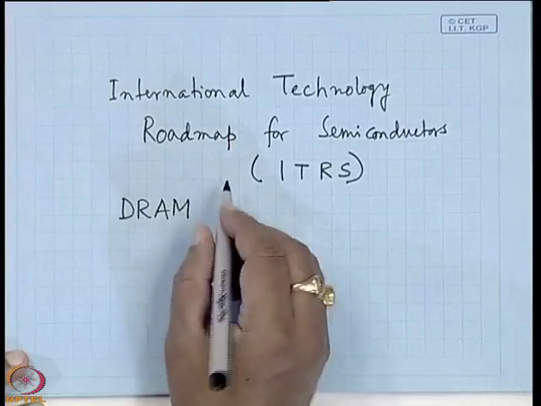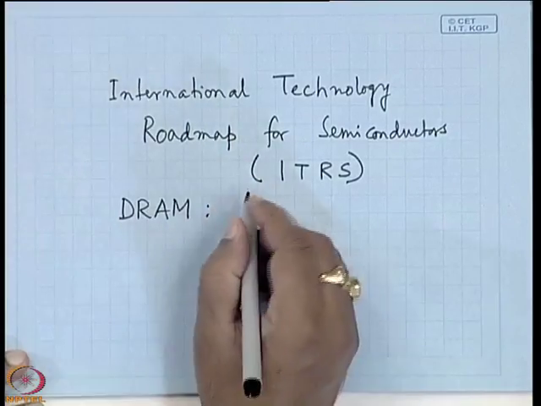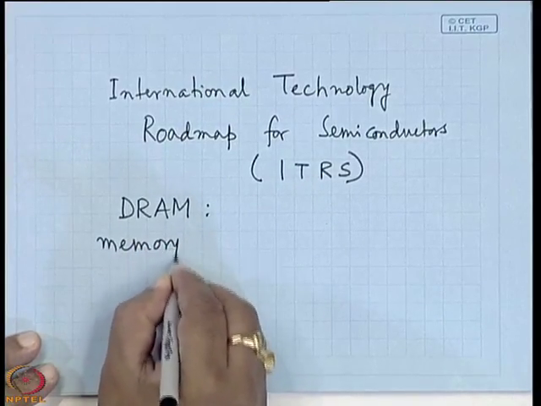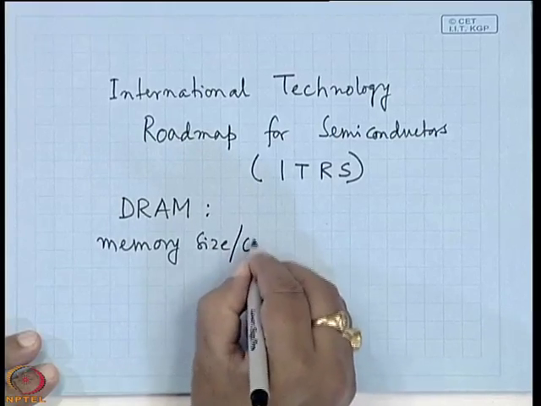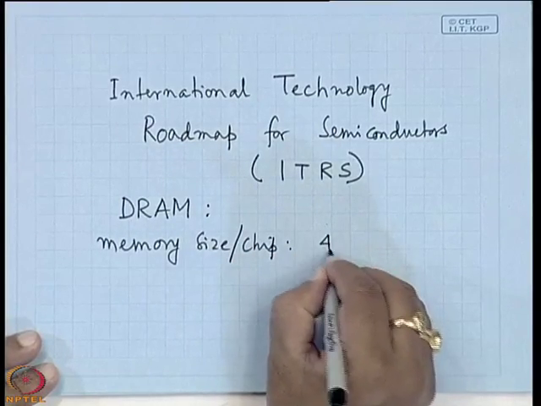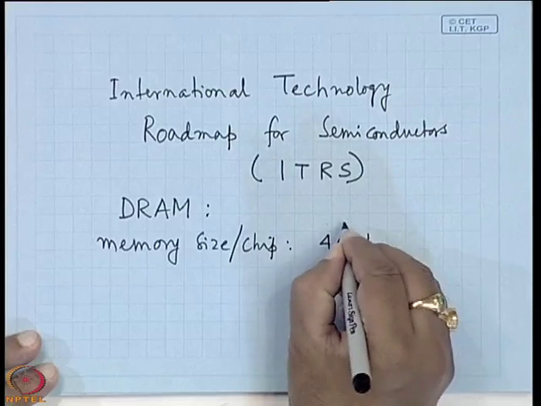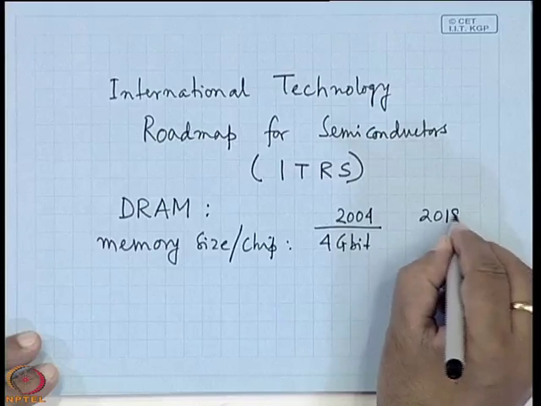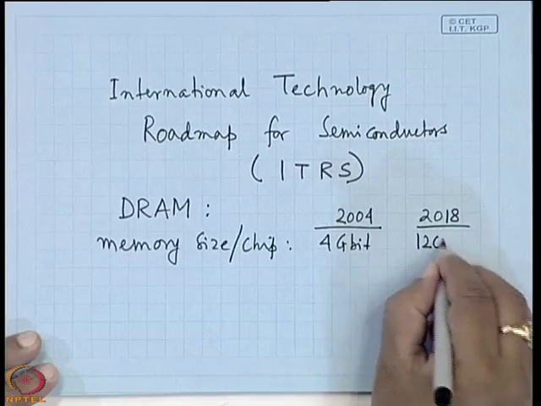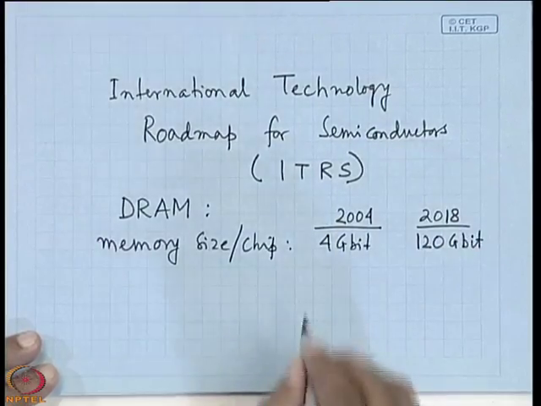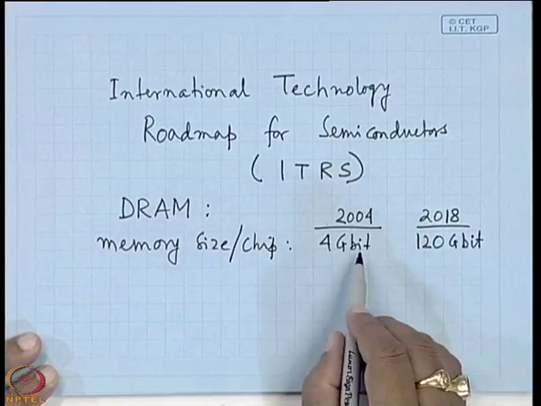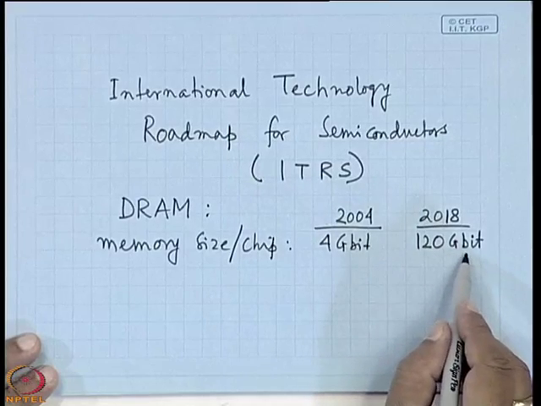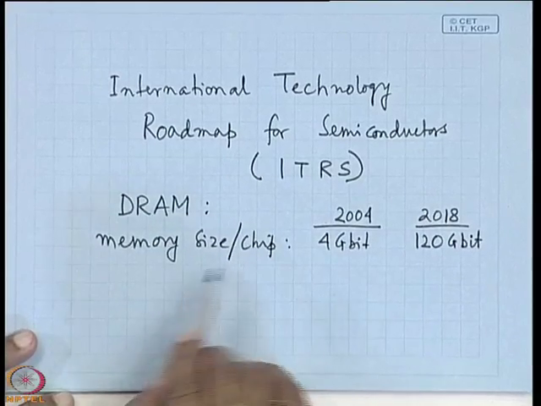So, this DRAM, so far as the DRAM is concerned, you will find that memory size per chip, it is 4 gigabit in 2004 and in 2018 it will be 120 gigabit. Okay. So, there is a transition from 4 gigabit to 120 gigabit, it is the memory size per chip.